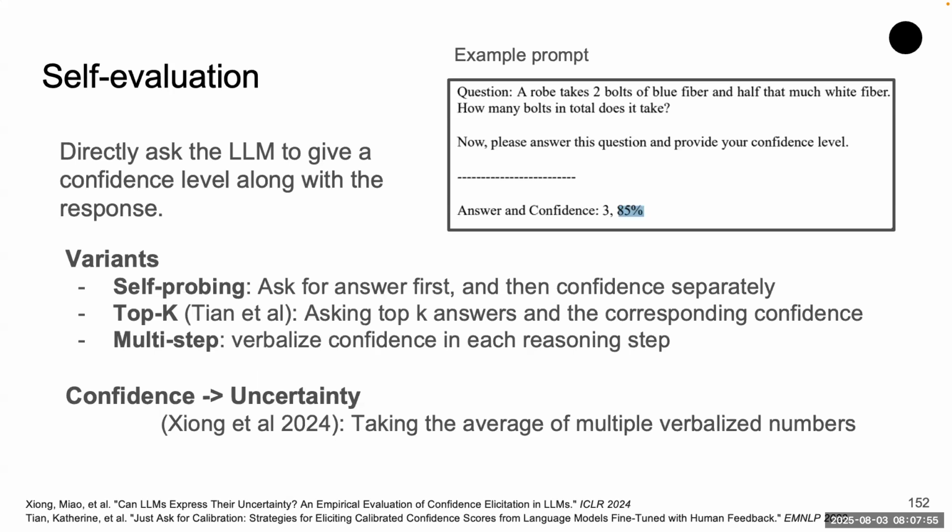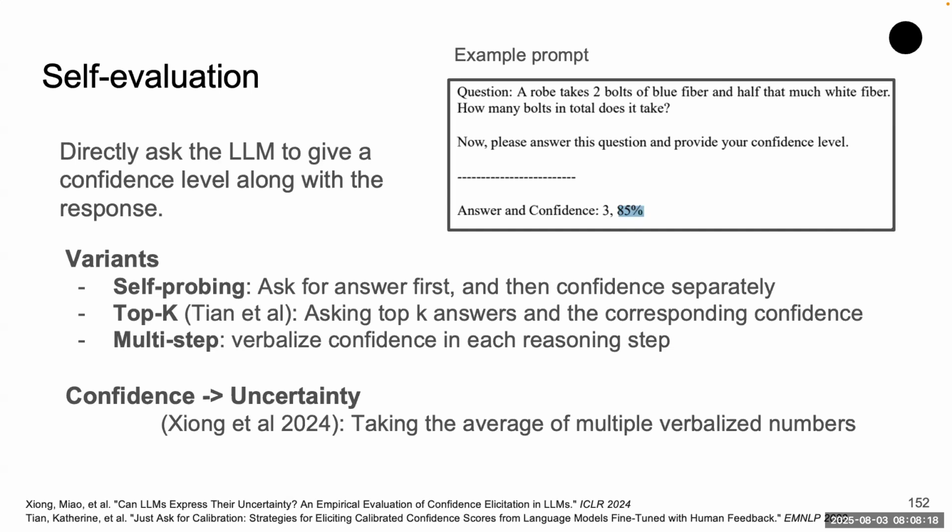So one way to do confidence evaluation is to ask the model to self-evaluate. When you generate an answer, what is the confidence of your generated answer? You can ask them to verbalize their confidence, and there are three variants here. Self-probing asks for the answer first, and then asks for the confidence separately.